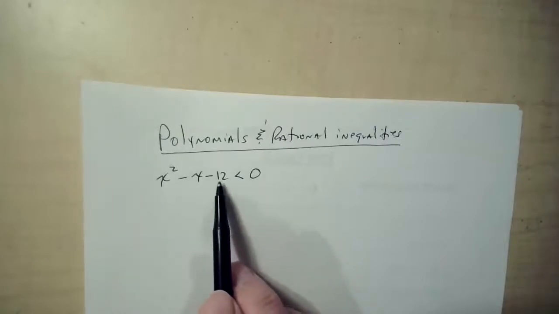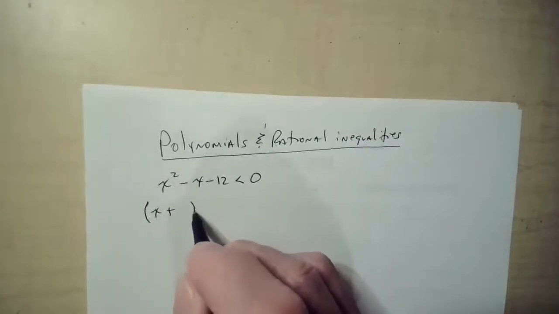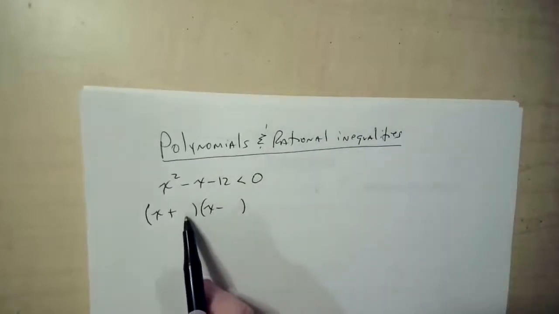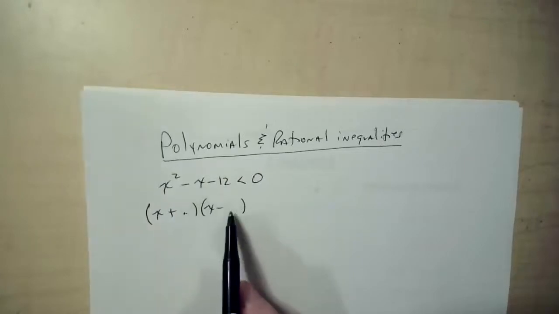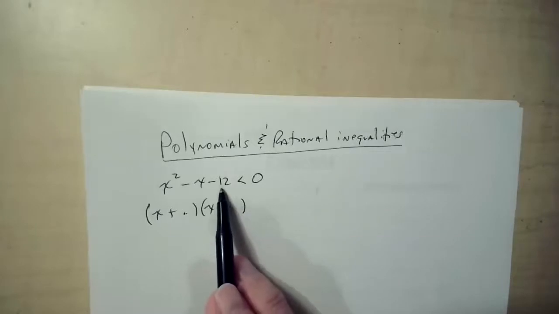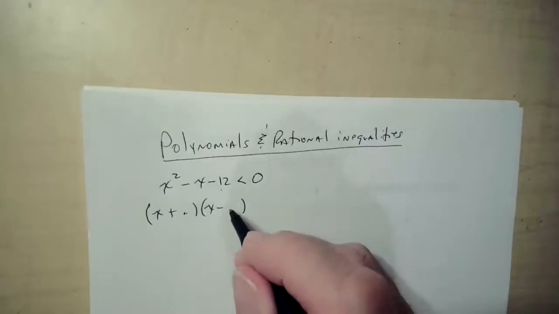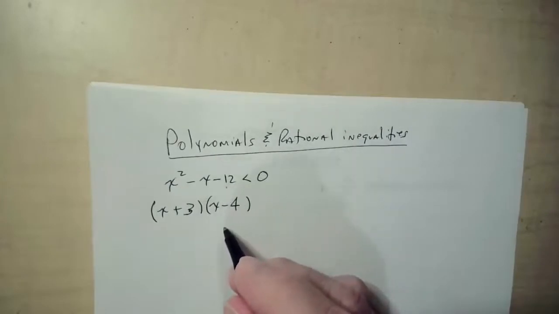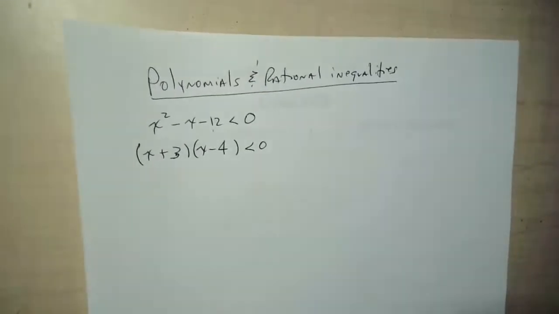If the linear term is negative and the constant is negative, we're going to get x plus something and x minus something, because remember, the last thing we do in the distributive property is the constants. A positive times a negative is a negative. Now, what are the factors of negative 12 that add together to give us -1? 4 and 3. Everybody okay with how we did this?